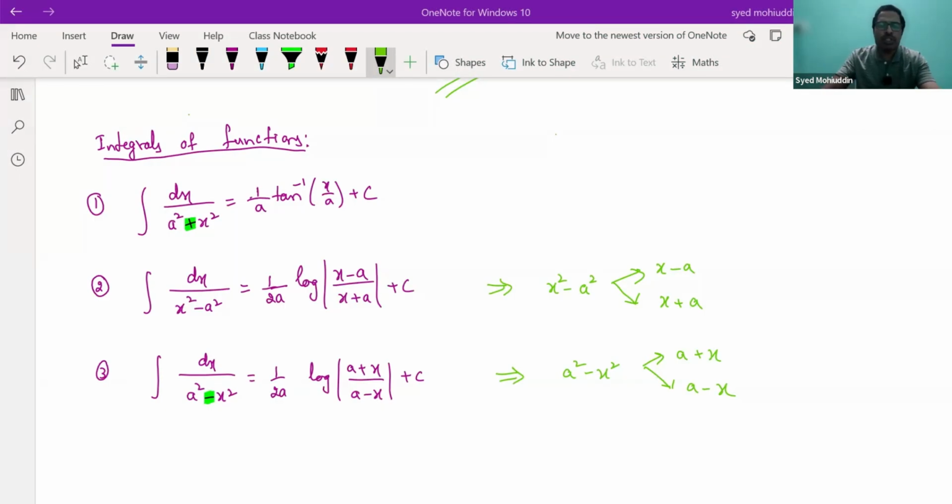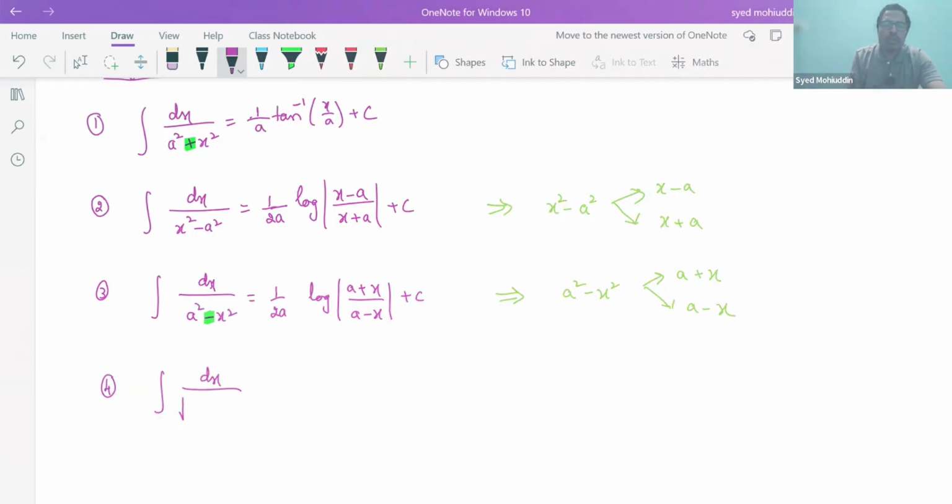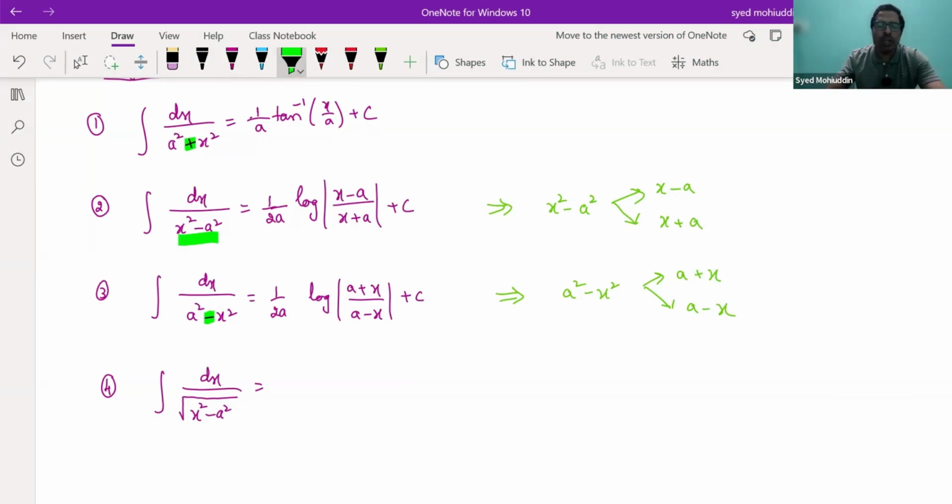Right. Now this is the expression that I have taken in the denominator, but what if we get a square root in the denominator? Let's take the integral of dx by under root x square minus a square. Without the root you get x square minus a square; with the root, the formula will be slightly different.